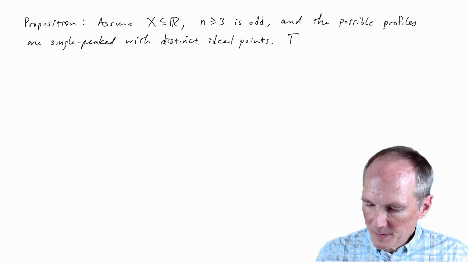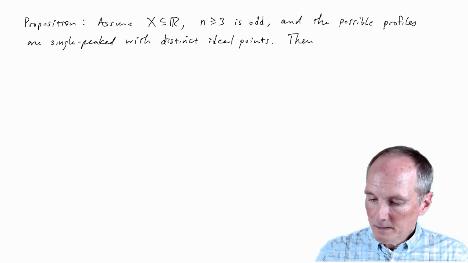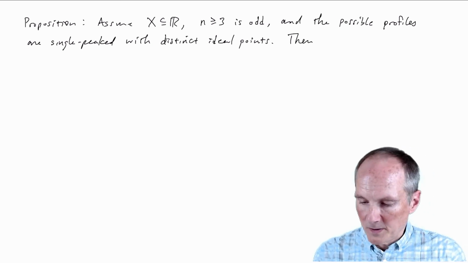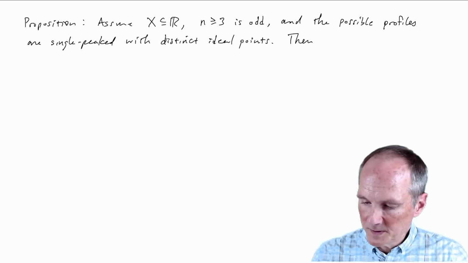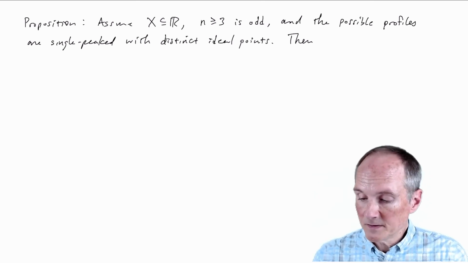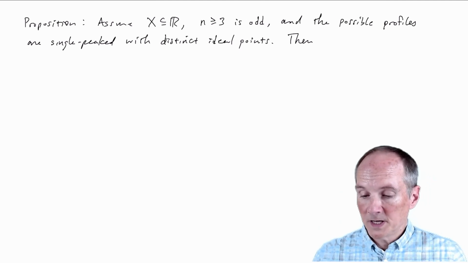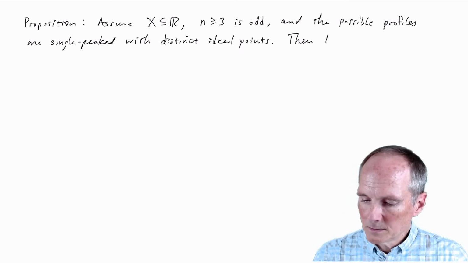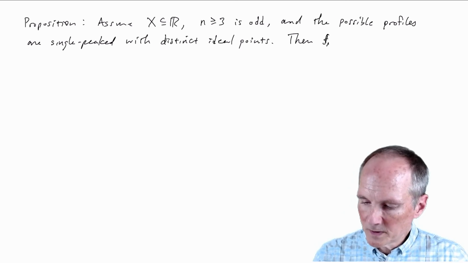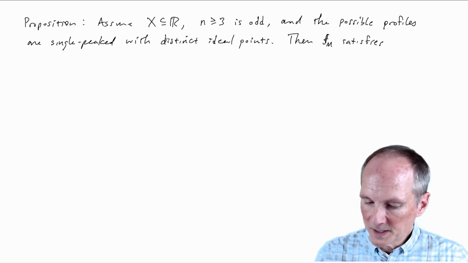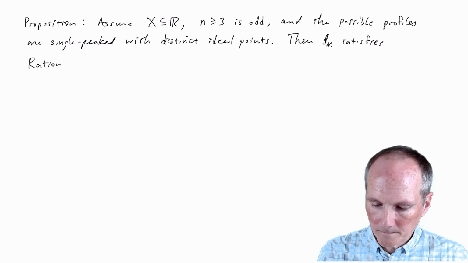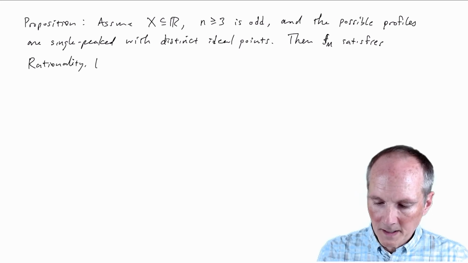But then we've just shown with this single-peaked version of the median voter theorem that the majority preference relation is always a ranking. So the majority social preference function satisfies rationality, and it always satisfies IIA and Pareto.